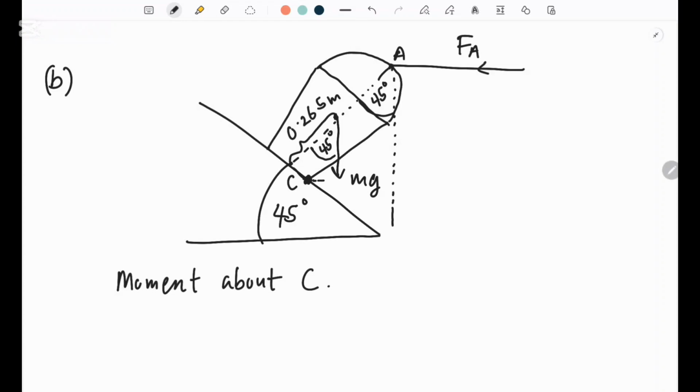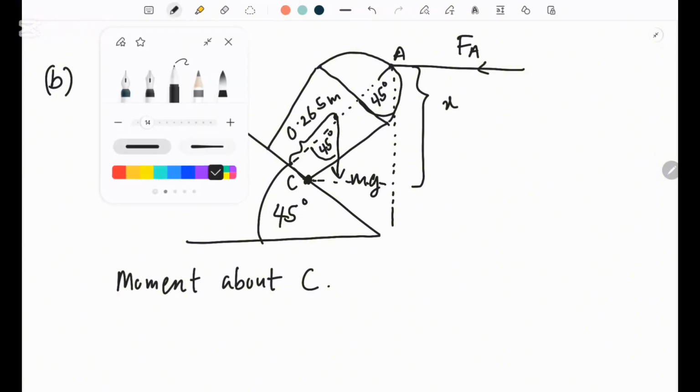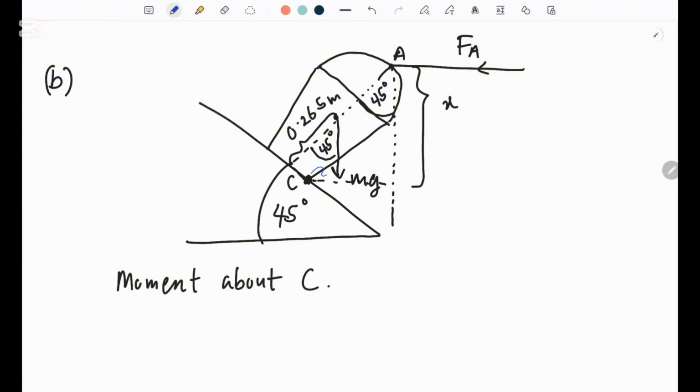So to find this distance, which we can call x, we'll first need to find this distance, the blue dotted line.